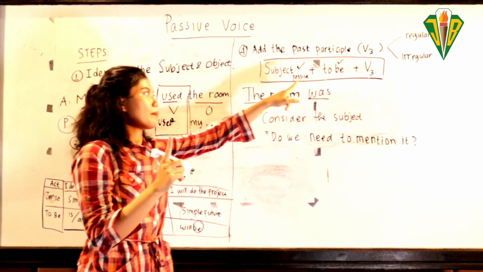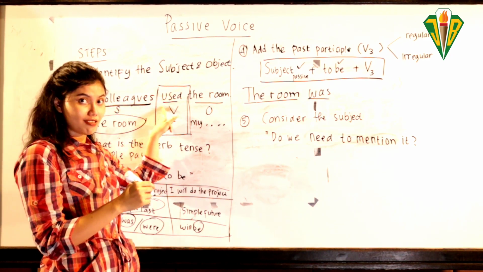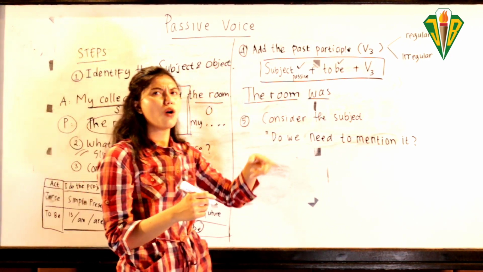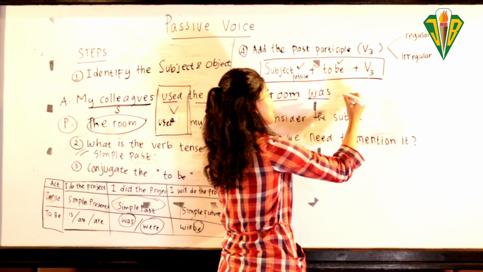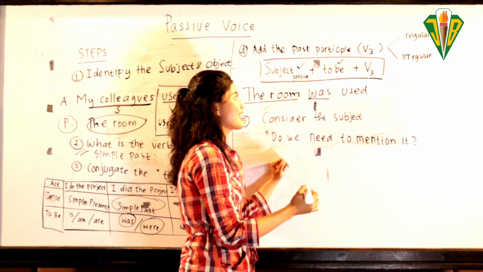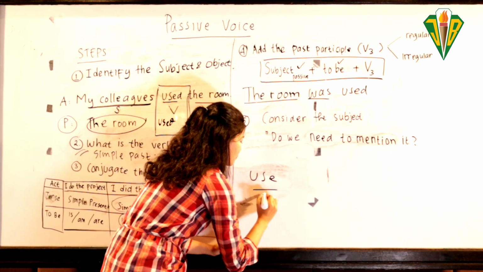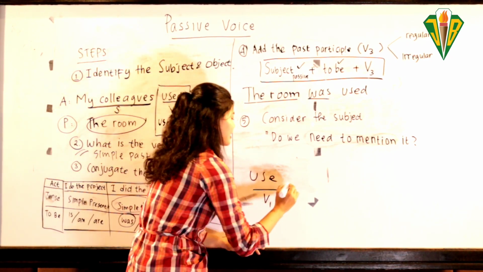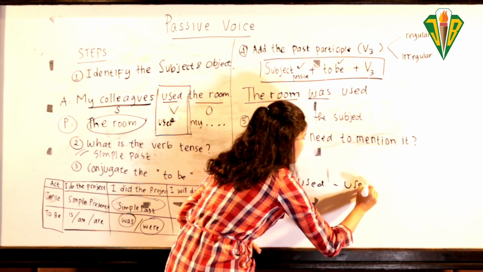What is the past participle of used? This one is already past tense, right? So it is used as well. Then we just need to add used, because we have use as the bare verb. Past participle, we have used and used.